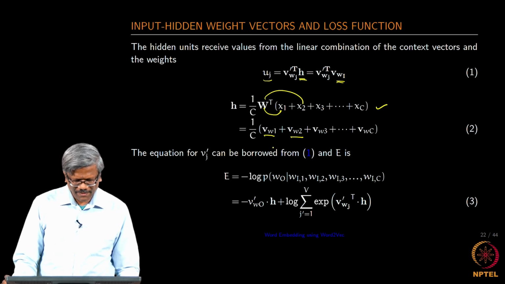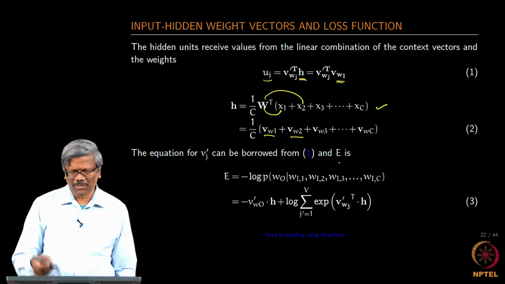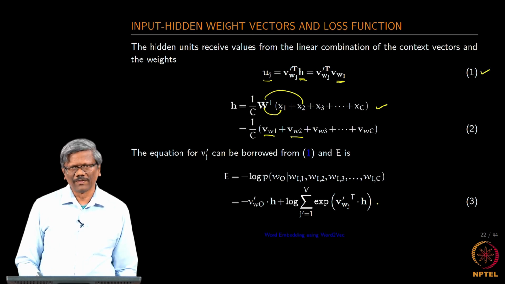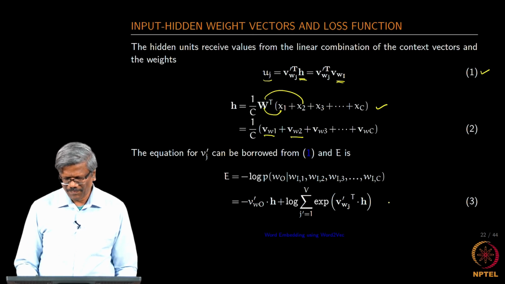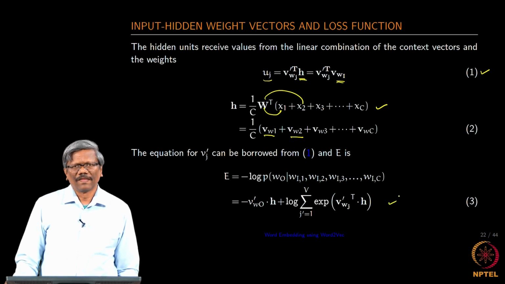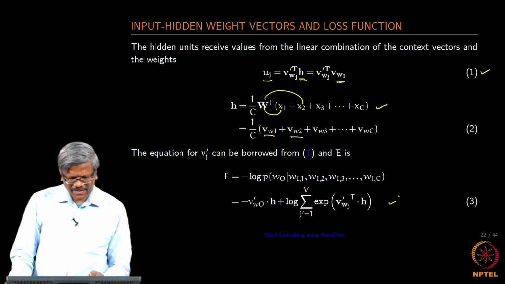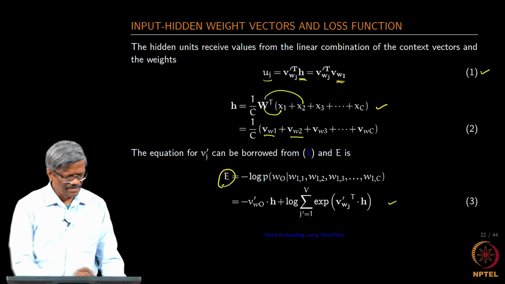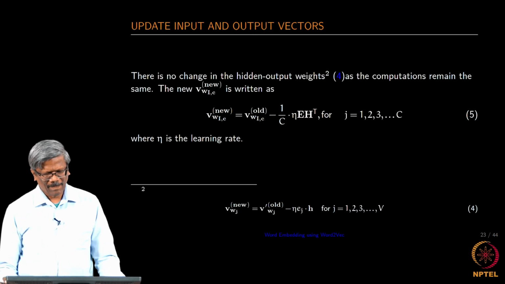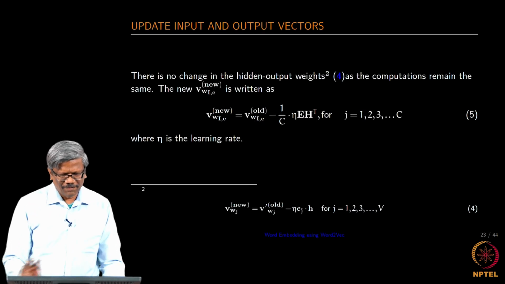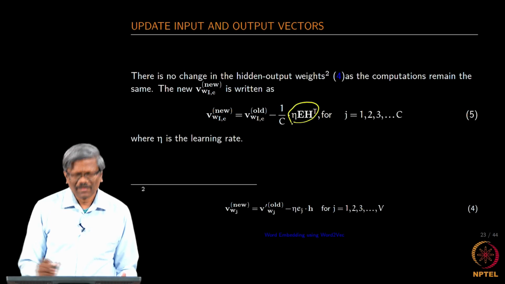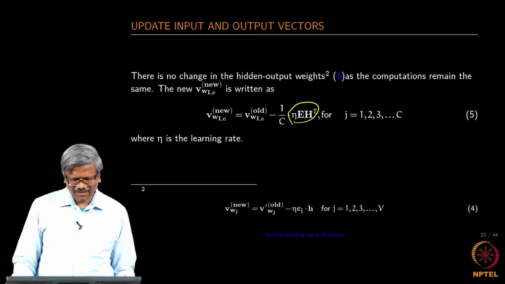Again, we can find the error. We can borrow from this equation, and find the error value using the cross entropy, right. And this is what we want to minimize. This is again the same as what we had seen earlier. All right. Again, if you look at the updation of weights based on the error, there is no change, correct.